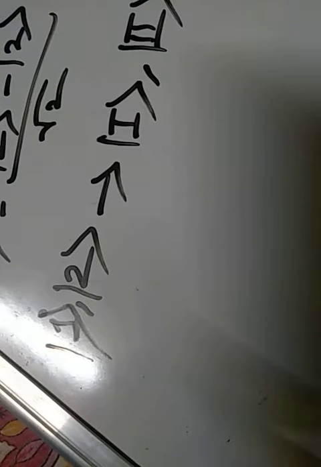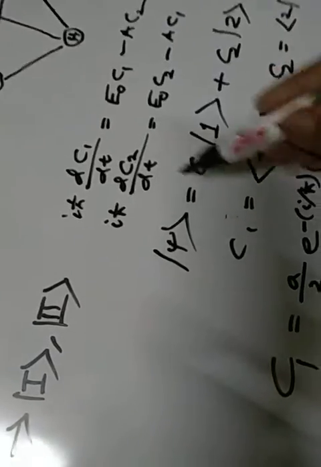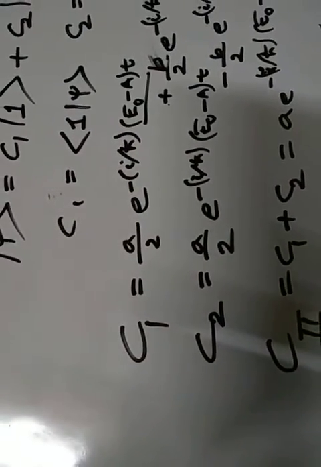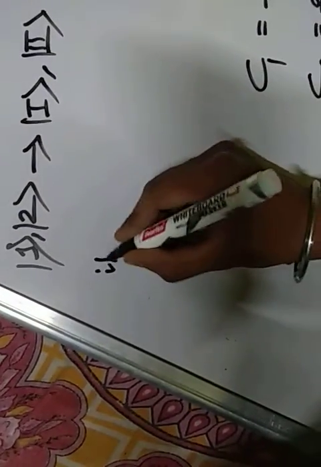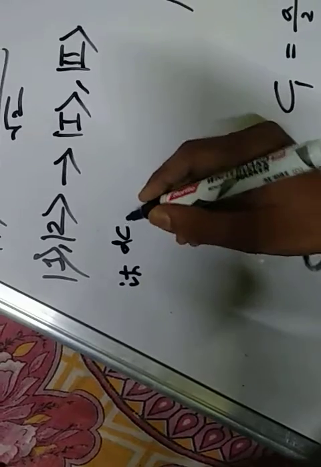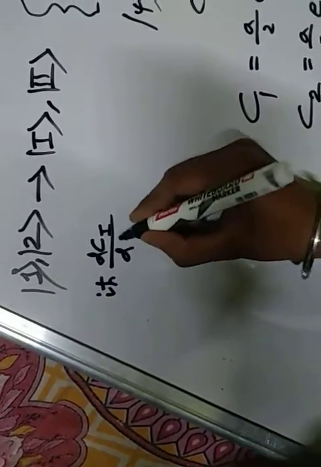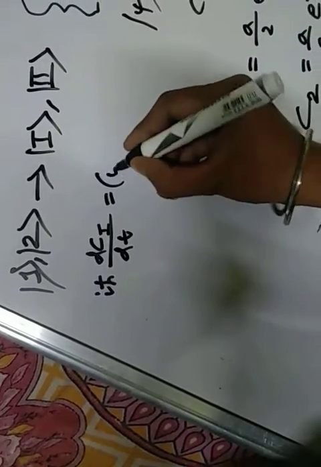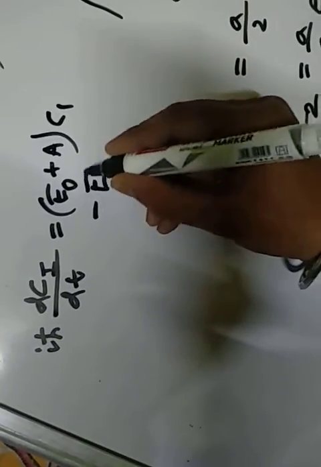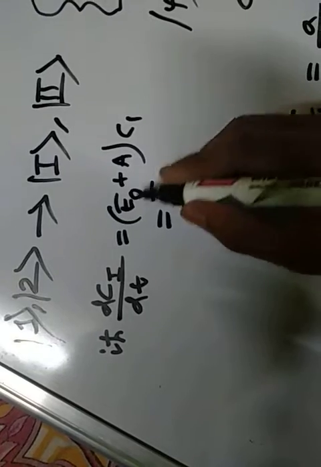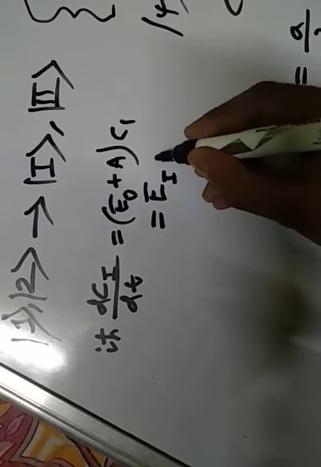Now with the previous equations and manipulating these equations, using C1 plus C2 equals C Roman 2 with root 2, manipulating this we will get another form, and it will be a standard form. iħ dC Roman 1/dt gives E naught plus A times C Roman 1, if we take this to be E Roman 1 C1.